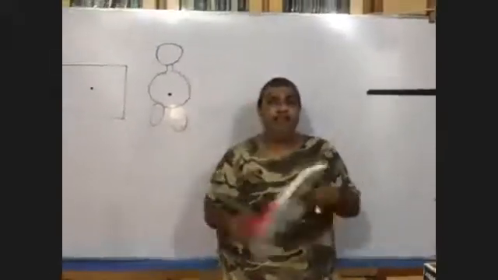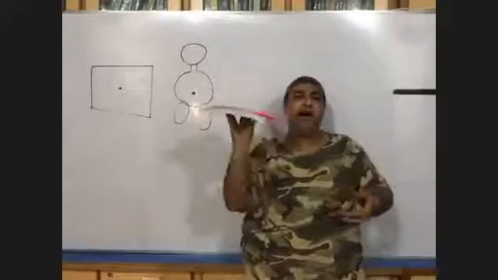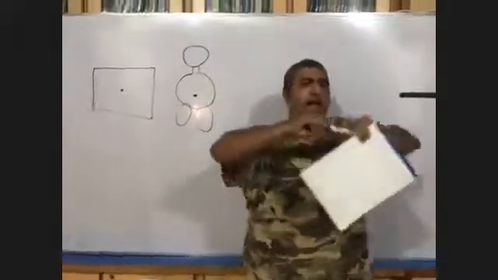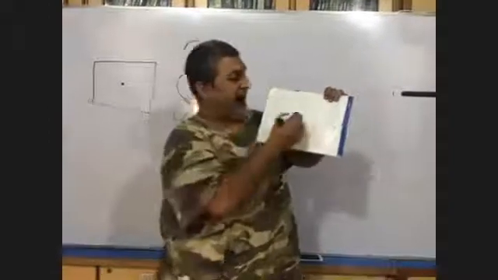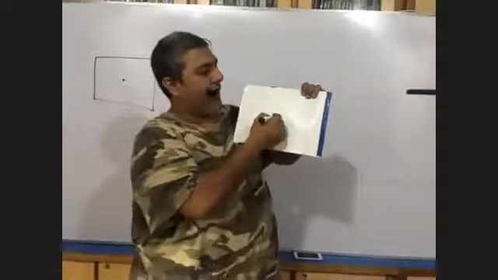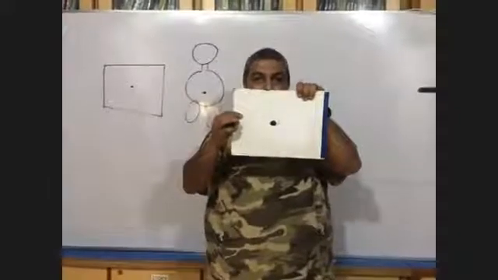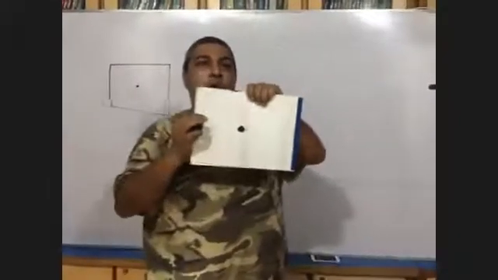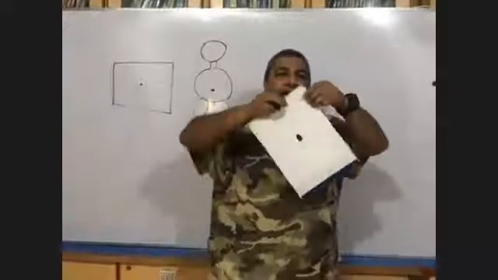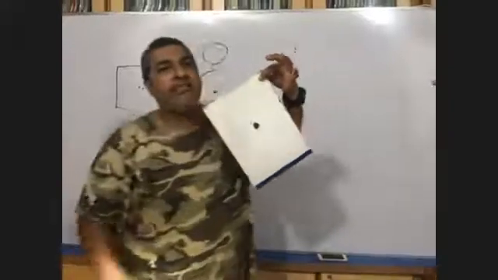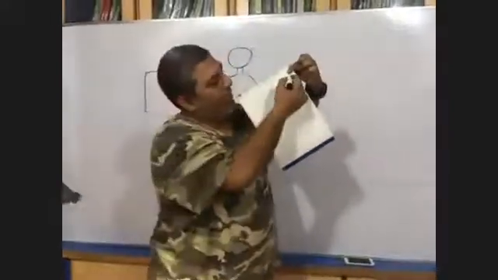Taking the center of mass of this book, I know this is the point. I'm 110% sure. This is the center of mass. And when I say, if I hang it from here, where would the center of gravity be? It goes like this.